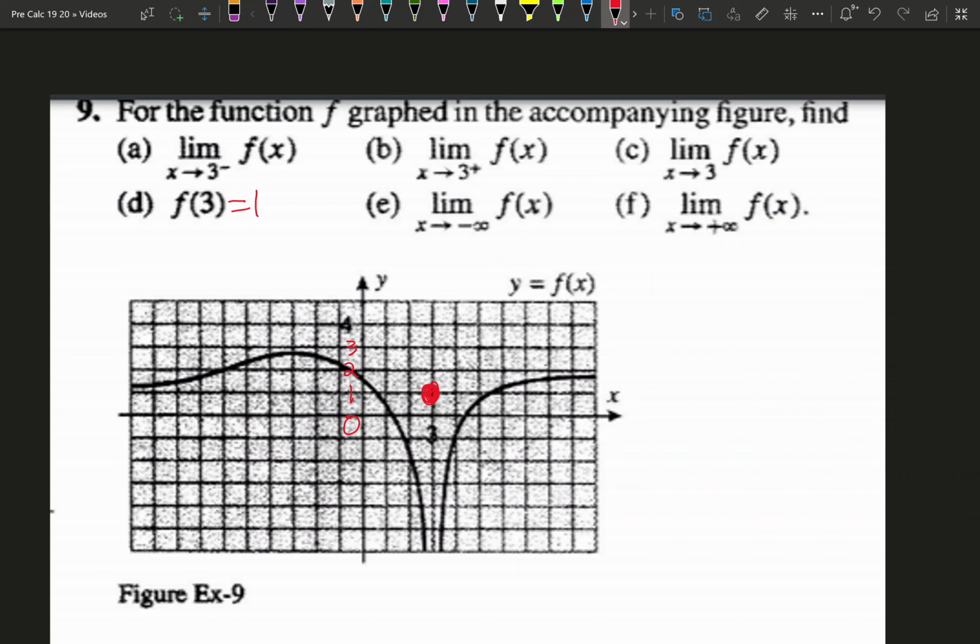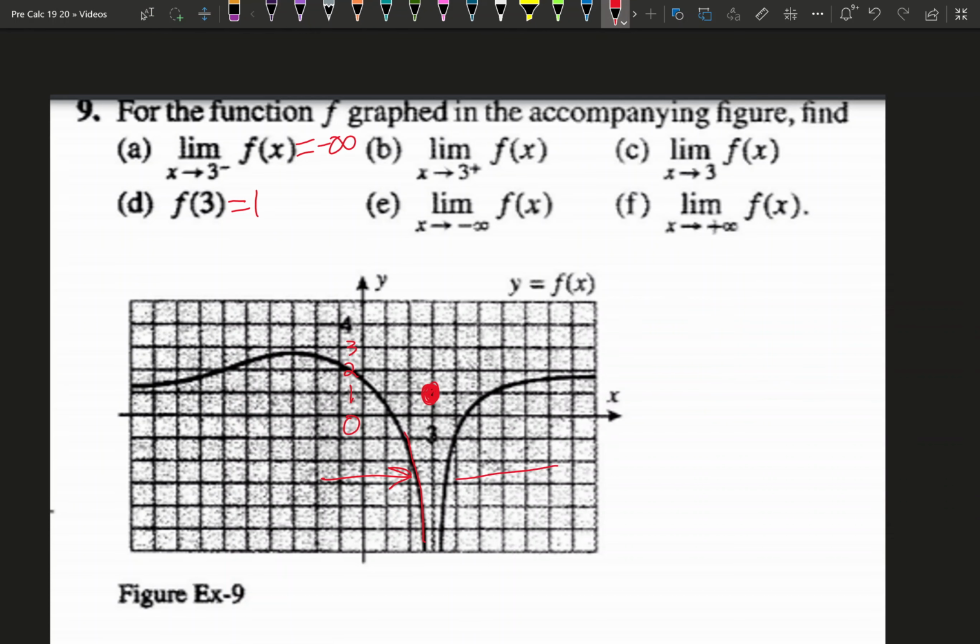Let's take a look at our two-sided limits then for a and b. Our limit as x approaches 3 from the left, so we're coming from the left, following along the function, and then looking at what the y-coordinates are doing. And our y-coordinates keep going down, they keep decreasing without bound, so this one-sided limit is going to be negative infinity.